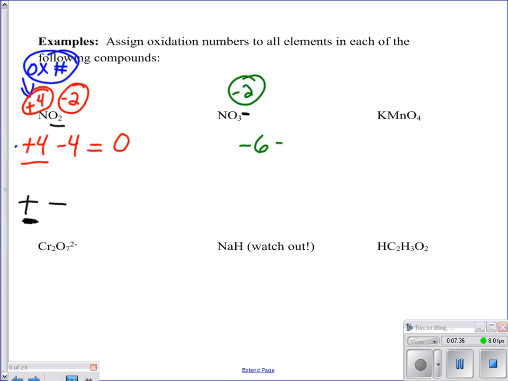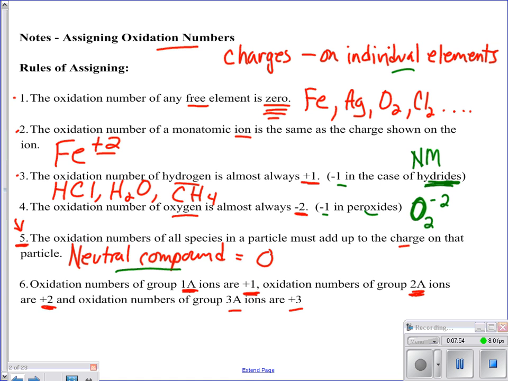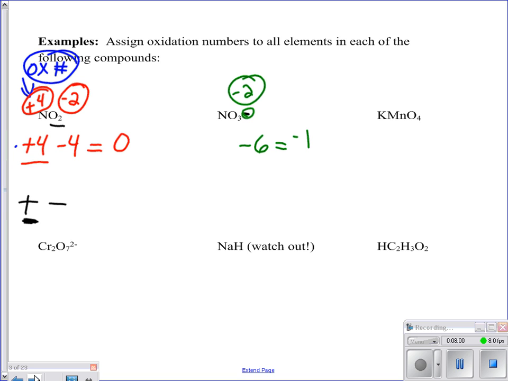Now, when we add up the total charges of all of those elements, what does it have to equal for this? -1, because of this negative charge. So typically it's going to be 0 for neutral compounds, but if it happens to be a polyatomic ion, then we would have it add up to that charge. So it's going to add up to -1, so that means that nitrogen has to be +5. Okay, so the math isn't too hard here. Just have to make sure you go through and grab the right numbers.